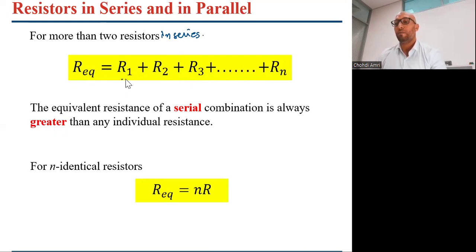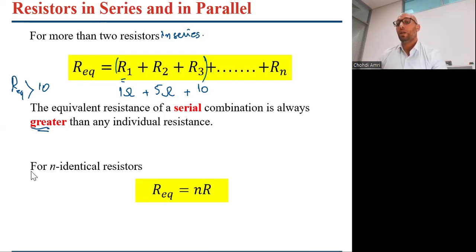So imagine that we have, for example, this is 1 ohm, and this is 5 ohm, and this is 10 ohm, etc. What will be the equivalent resistance? The equivalent resistance must be greater than 10, because here we are adding positive resistances. So it's always greater than any individual resistance, or we can say it's greater than the greatest resistance in the circuit.